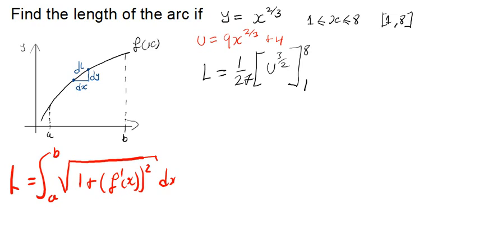So I'll say u is equals to 9. I want to find what my u is when x is 8. So here where there's x, I'm going to put 8 to the power 2 over 3 plus 4. I believe that's going to be something like a 4, because the third root of 8 is 2, and 2 squared is 4.